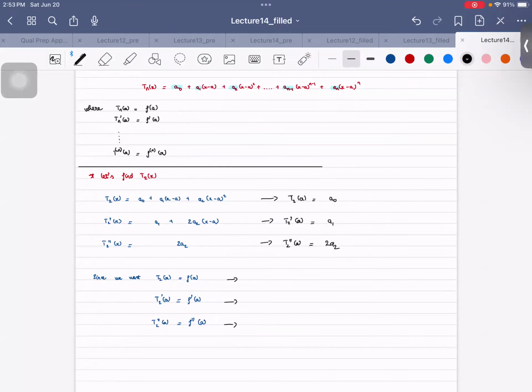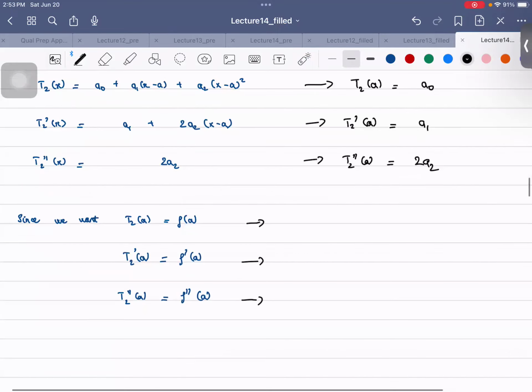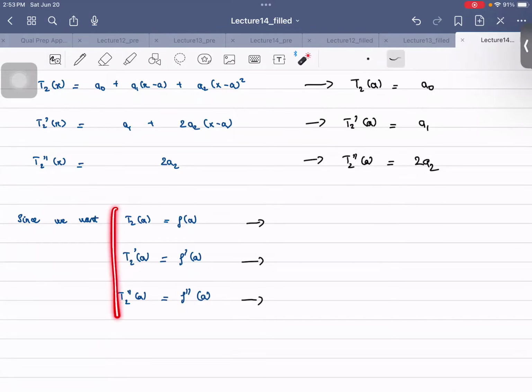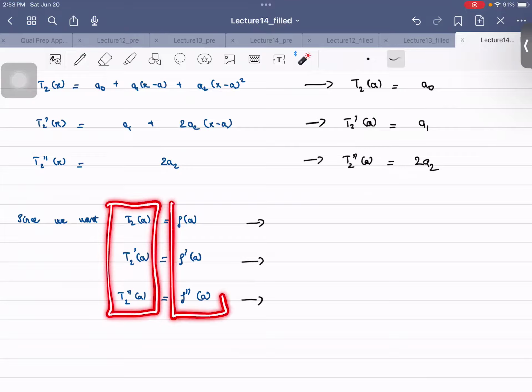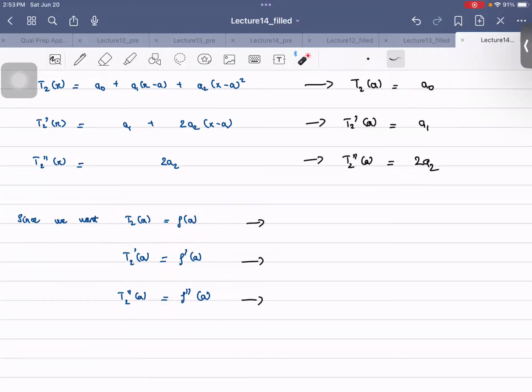Because we want the approximation to carry the information of your original function in terms of the output of the function and derivative, that means a0 is f of a.